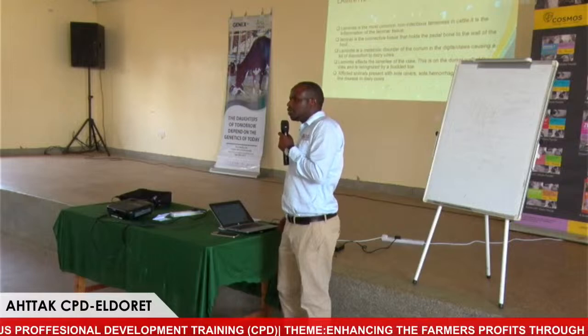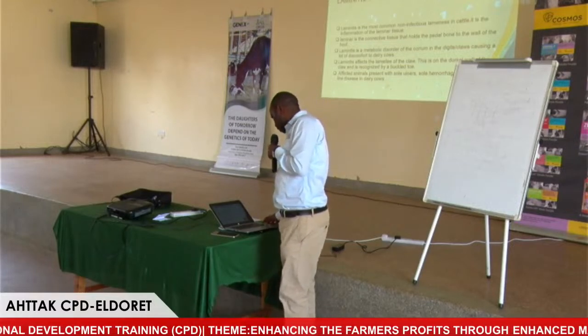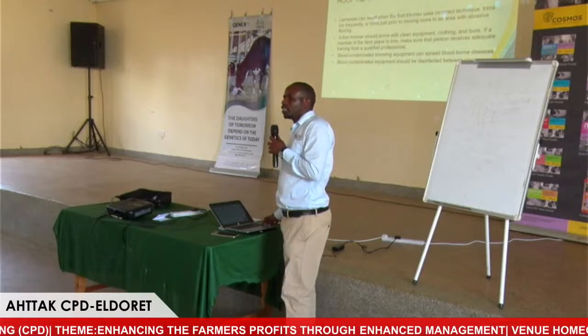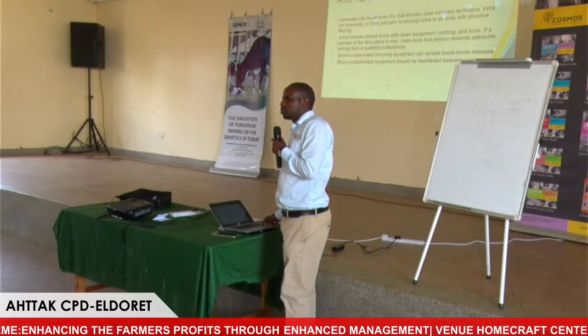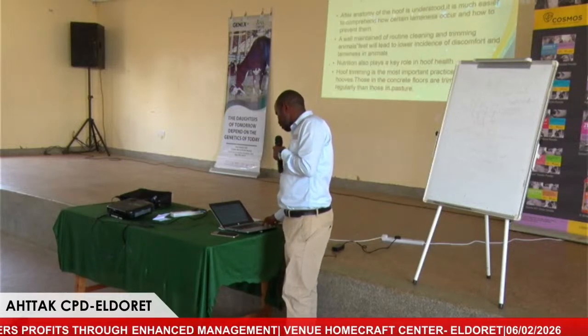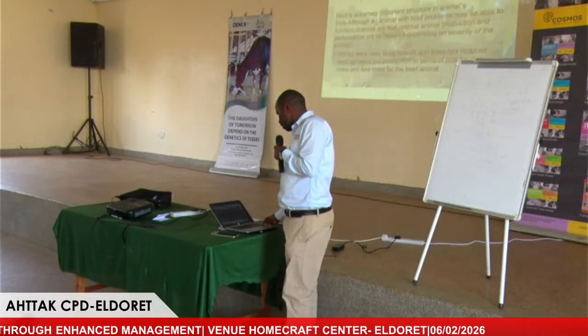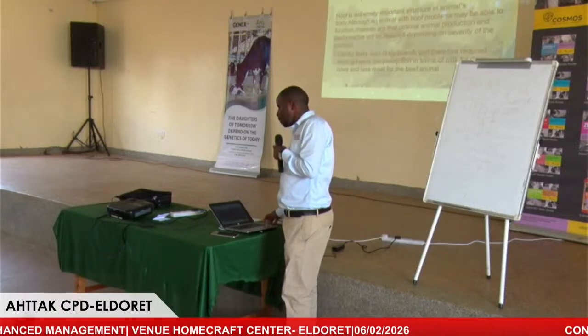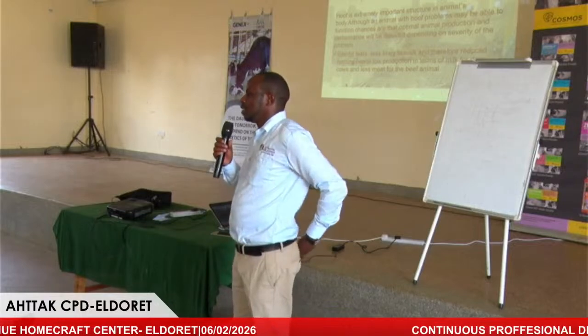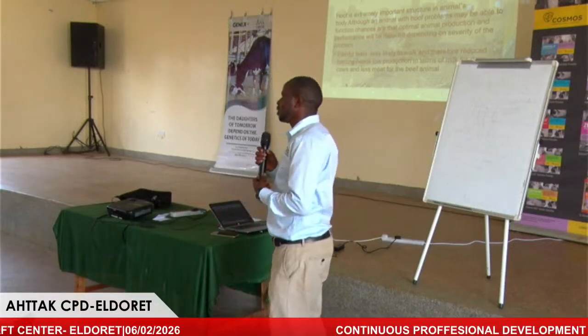Okay, what's the intervention for foot rot? When you have a case of foot rot on the farm, what do you do? You use copper sulfate, right? Is that the only thing we do?